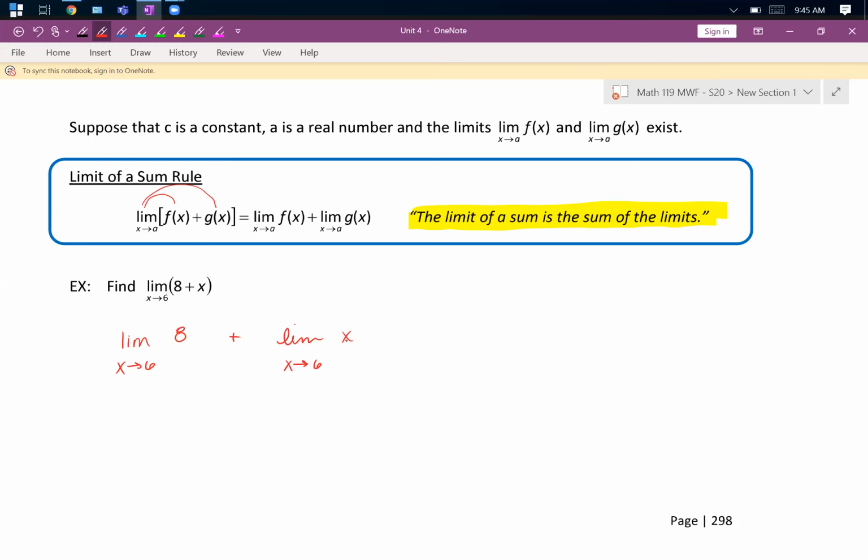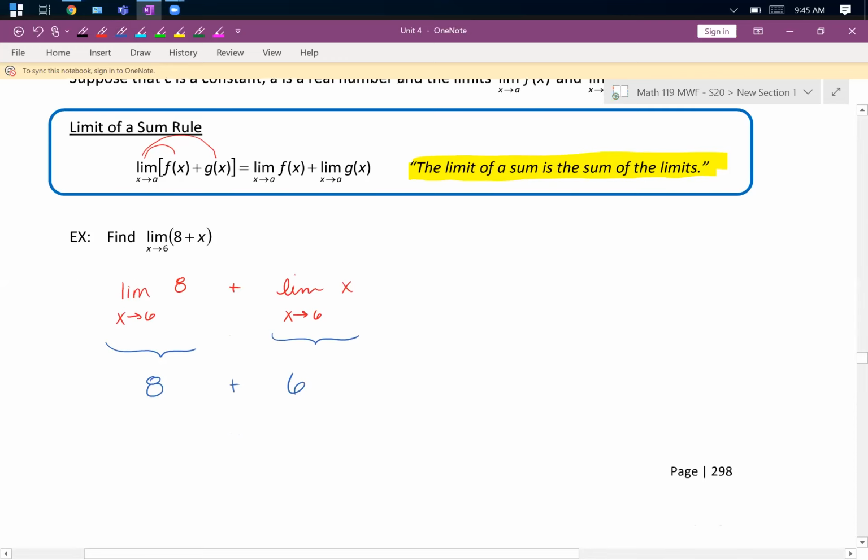So what is the limit as x approaches 6 of 8? 8. And then we want the limit as x approaches 6 of x. What's that? 6. And now we just add these two together and we get a final answer of 14.